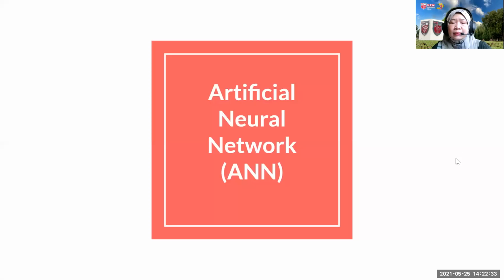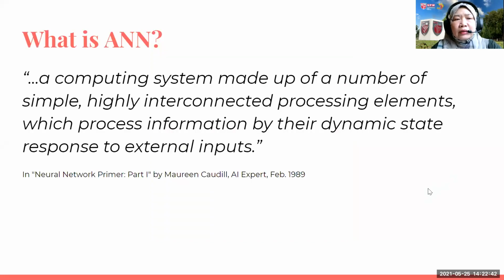All right. So basically, I think most of you have heard about this term ANN. The definition is: ANN is a computing system made up of a number of simple, highly interconnected processing elements that process information by their dynamic state response to external inputs.